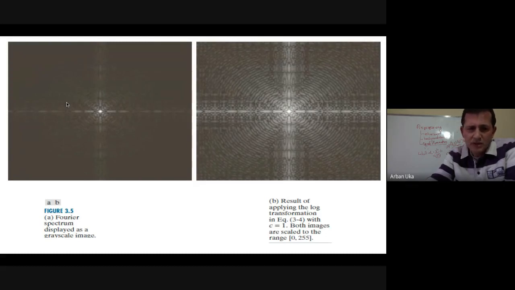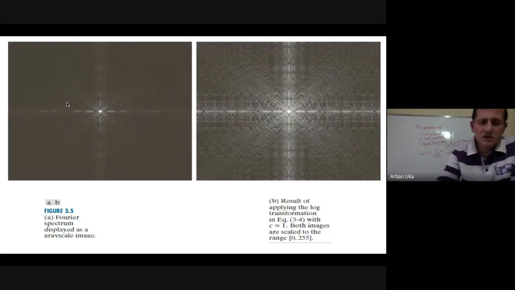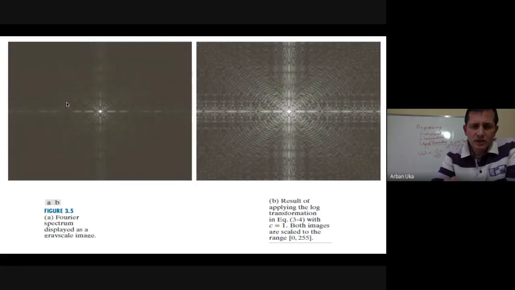In principle, the first image on the left side is a Fourier spectrum of a certain image. If you have an image which is 300 pixels by 300, a standard square image, and we calculate the Fourier spectrum, we still obtain an image which is 300 by 300, but the center of this image has the highest intensity, somewhere around coordinates 150 by 150.